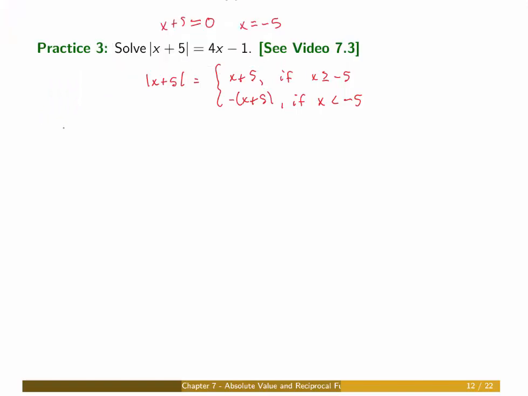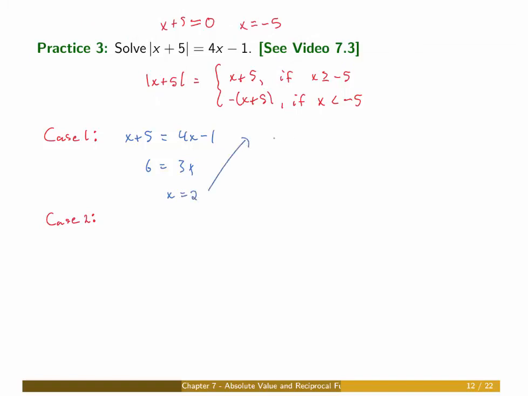So let's solve case 1 and case 2. So case 1 will be x plus 5 equals 4x minus 1, which will come out to be 6 equals 3x. Sorry about that. Which means x is going to be 2.